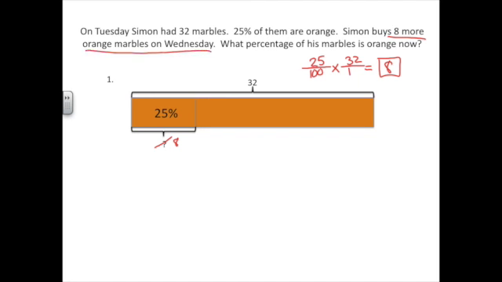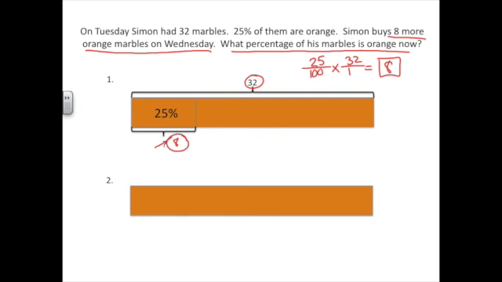That means that my total amount of marbles is going to change. It also means that my number of orange marbles is going to change. I want to find what percentage of his marbles is orange now. So I'm going to draw a second bar, the whole bar, and the whole amount is now going to be 32 plus 8, which equals 40. So my whole amount is 40.